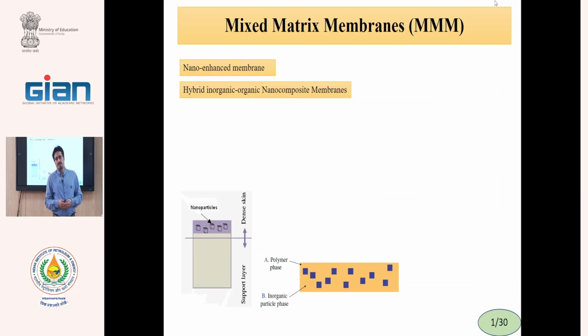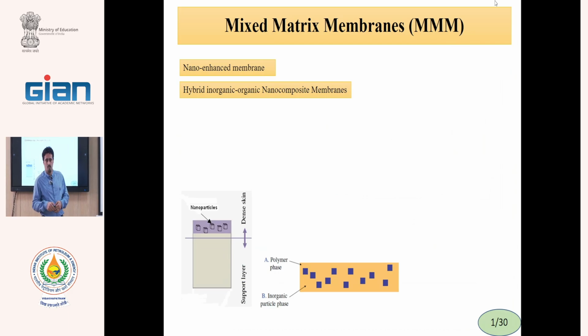We generally name these membranes mixed matrix membranes. When we say mixed matrix, we mostly mean that we added the nanomaterials to the matrix of monomer or the matrix of the polymer and fabricated the membranes.